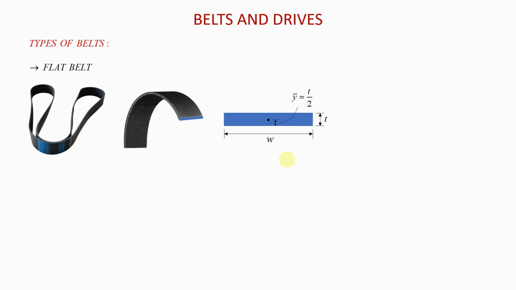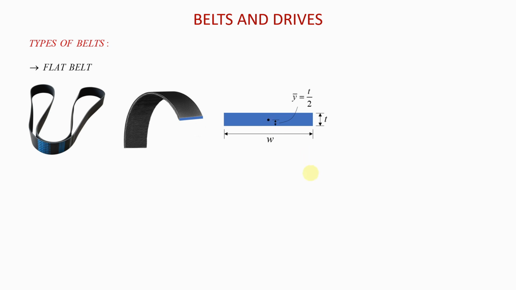As you can see, Y bar is going to be equal to the thickness divided by 2. That is pretty much the height from the bottom of the belt to the location of the centroid. That height is equal to the thickness divided by 2. We call it Y bar because that is the Y coordinate of the centroid.